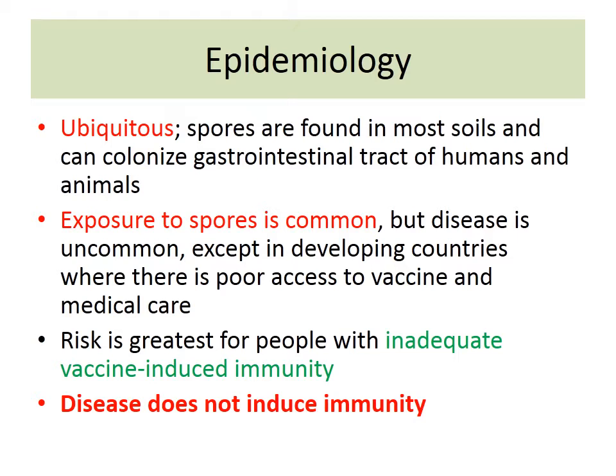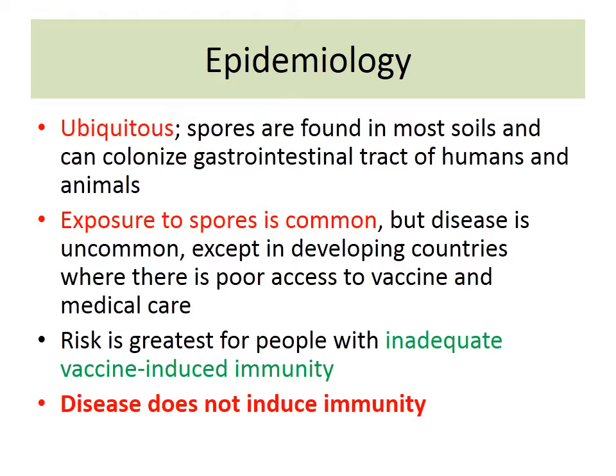Spore formation is again common, especially in developing countries, because people may have poor access to vaccines and medical care. We expect that most countries of the world have good vaccination, but many times there are countries with a higher incidence because they didn't have vaccination as a childhood vaccination.